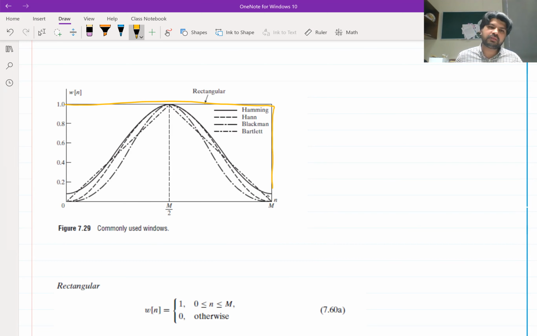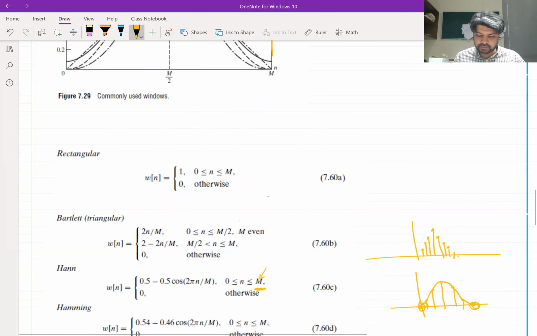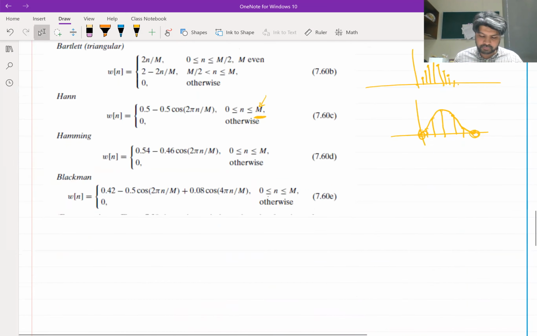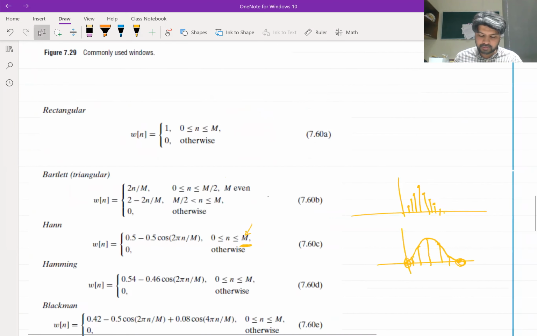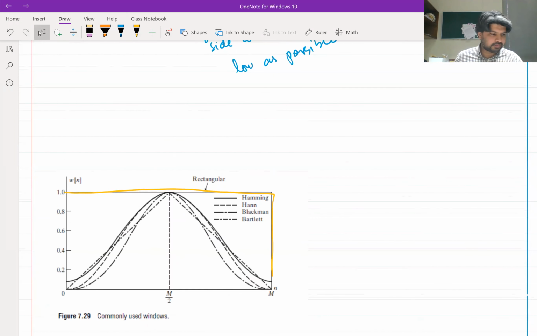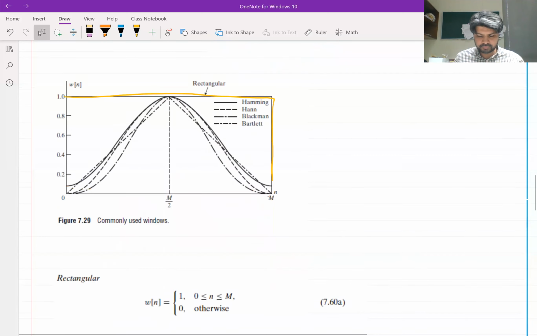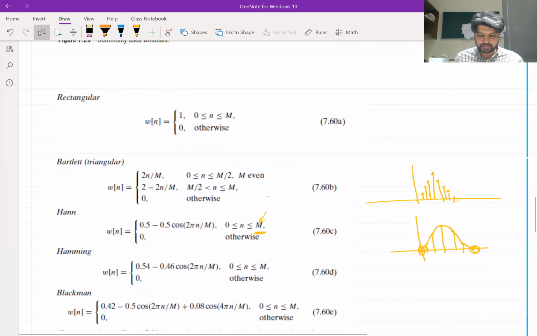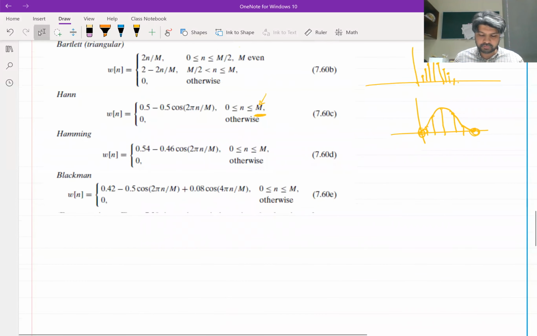So their frequency response also becomes important when it comes to filter design, because you're designing filters. So frequency responses are important. Any questions about windowing, FIR filter design through windows?